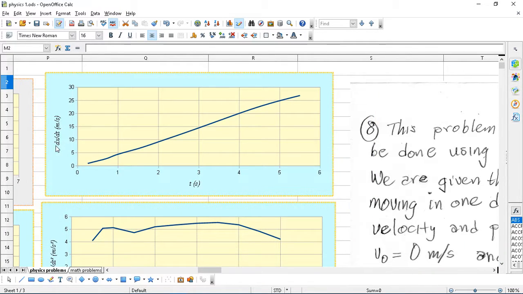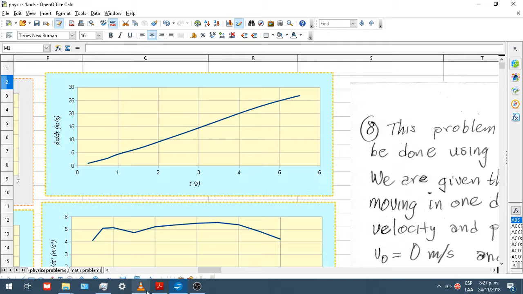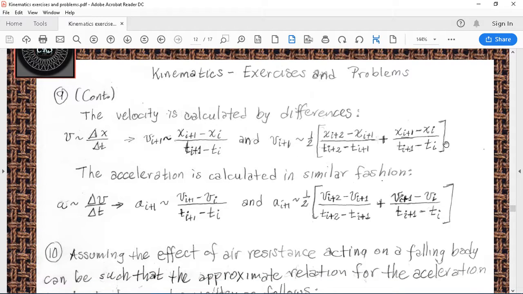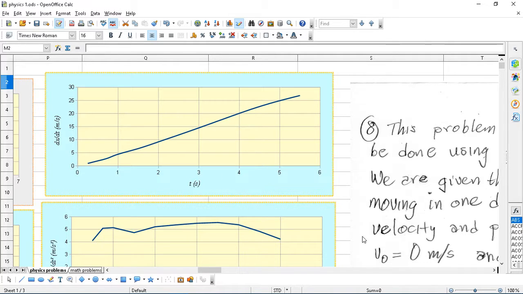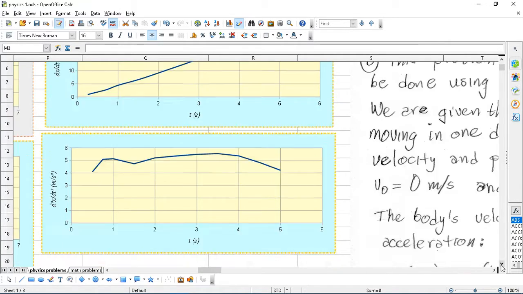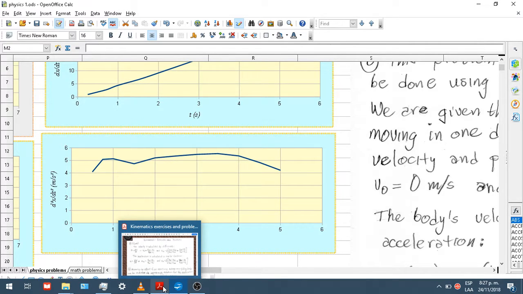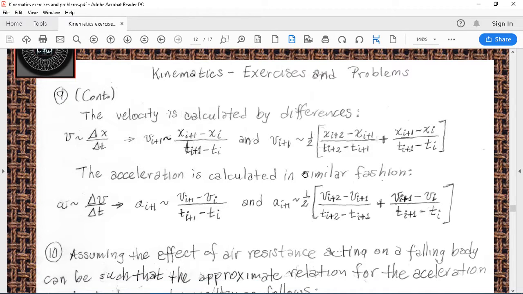This is the plot of dx/dt versus time. This corresponds to the use of this formula here for velocity. And this is the plot of d2x/dt2 versus t, which corresponds to the use of this formula here.